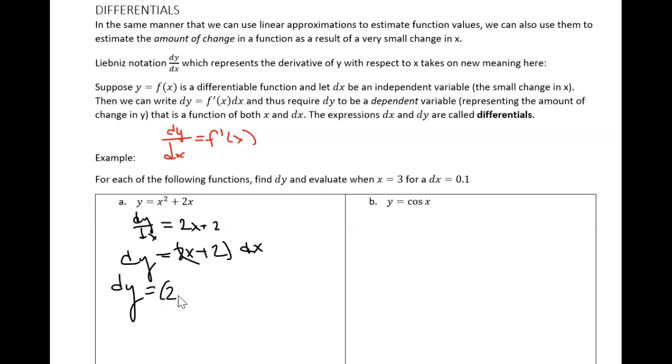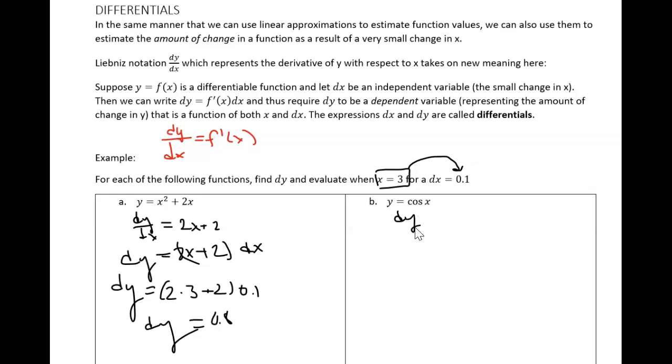So we've got (2 times 3 plus 2) times 0.1, which means that dy is equal to 0.8. And so what this means is if you're looking at the exact moment when x equals 3 and you change it by a value of 0.1, your output, or your y value, will change by about 0.8.